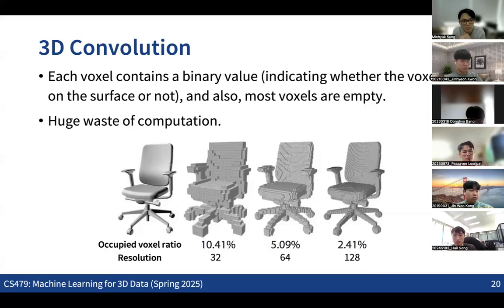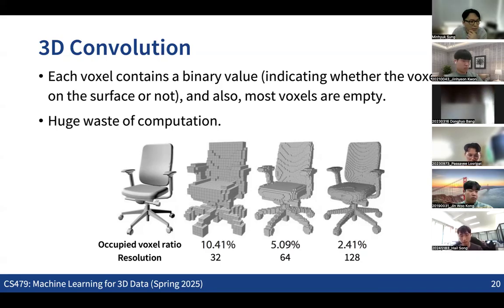Given this very inefficient representation, we just increase the amount of memory and the time we consume to process this kind of data, while the voxel representation might have only a few sparse voxels that really have surface information.